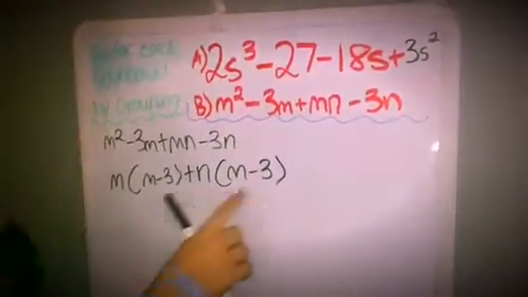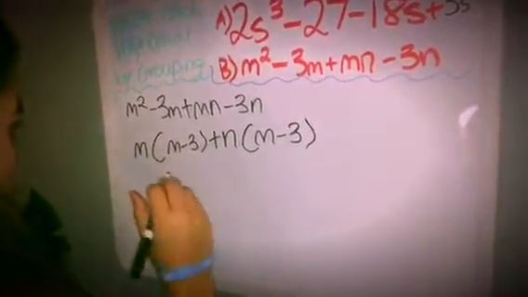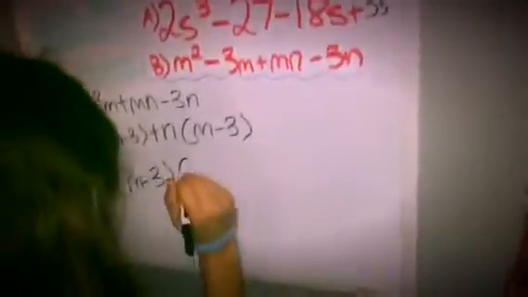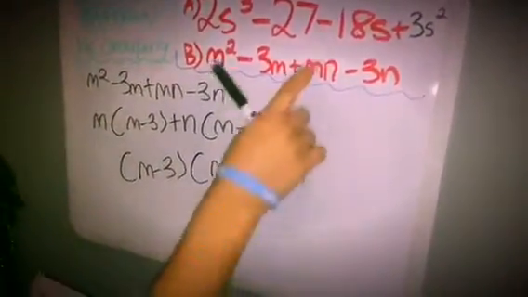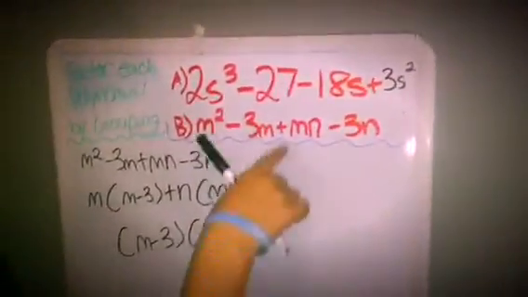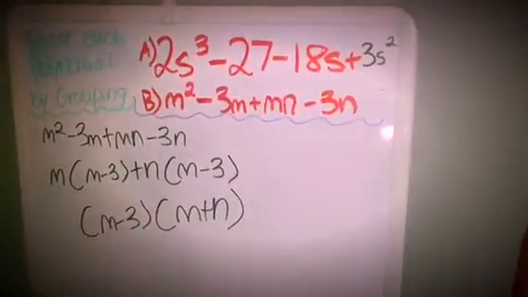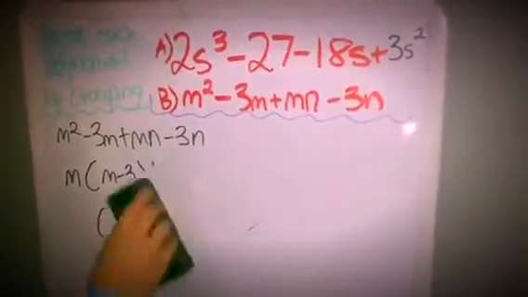Then we factor out m minus 3, which turns into parentheses m minus 3 parentheses m plus n. That's the answer for B.